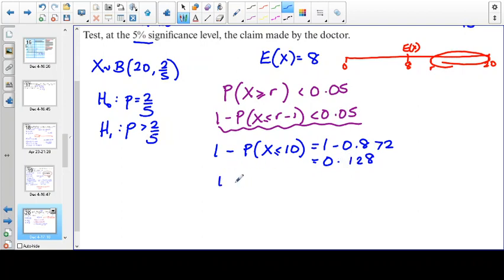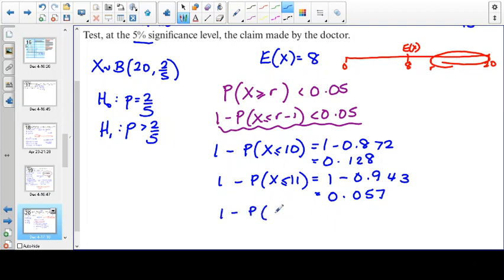So if I try another one, let's try 11. I'll get 1 minus 0.943, which is 0.057, which is close, but it's still too big.